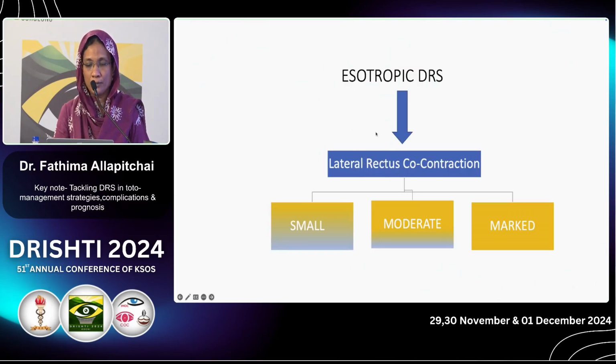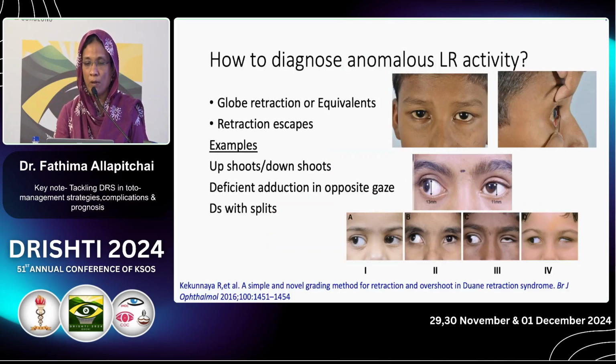So in case of esotropic DRS, first thing we have to look for, as already clearly explained by Dr. Samyukta, is how much is the LR co-contraction, whether it is small, moderate or marked. How to diagnose anomalous LR activity was already discussed, as well as how much is the globe retraction and upshoot or downshoot. Either it would be in the form of globe retraction or its equivalents.